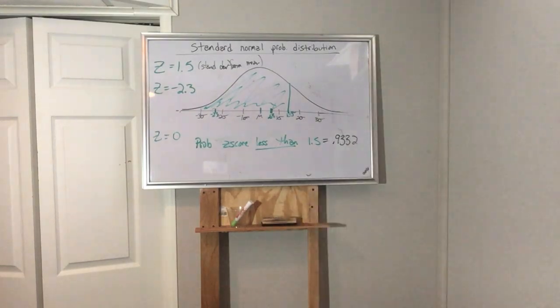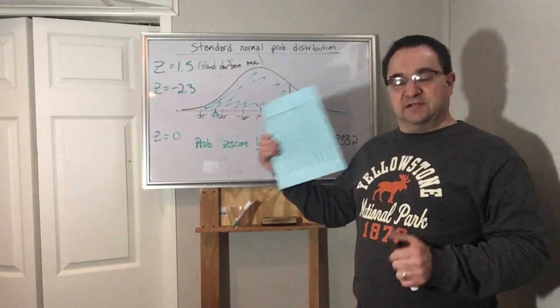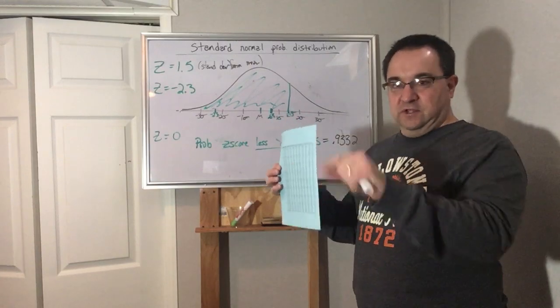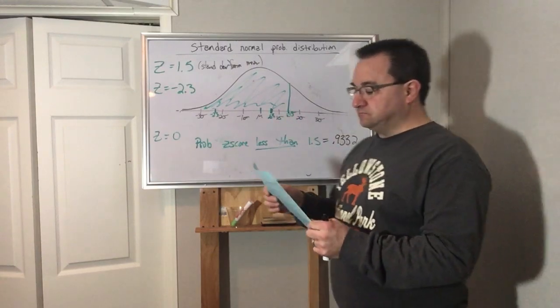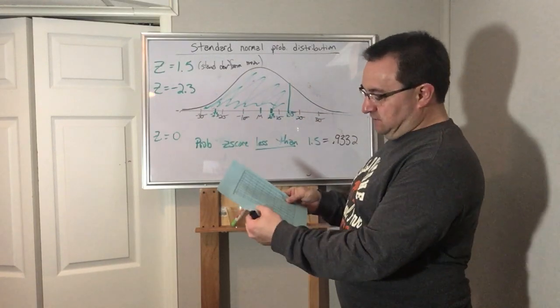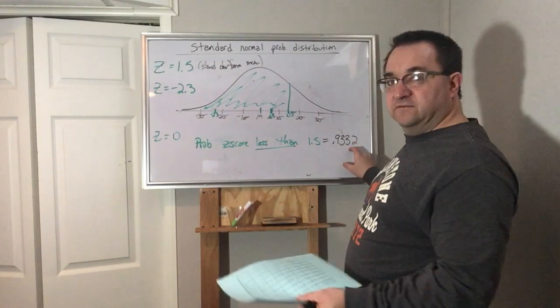Now that's really awkward for me to hold because it's 2 pages. I happen to have one page that's 2-sided. It's a lot easier for me to do on this video. And I'll try to get one of these to you. I can provide it in Brightspace. So this is the negative side, positive side, 1.5, 0.9332. There it is.